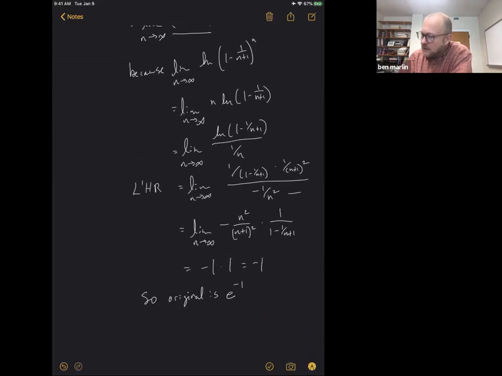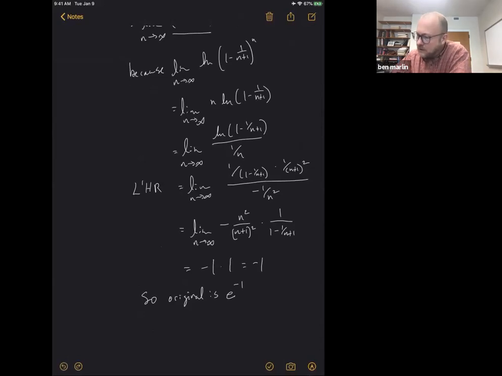The stuff in the denominator is easy. Derivative of 1 over n is negative 1 over n squared. But the stuff in the numerator is not easy. You have 1 over the stuff that you were taking the log of, but then the chain rule says you have to take the derivative of what was inside the parentheses.